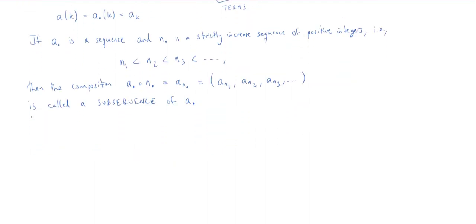Okay, fine. Now there's a very particular type of subsequence that we're going to want to talk about quite a bit. So let's say I choose some index, call it M. Then I look at the subsequence which corresponds not to just some random strictly increasing sequence, but to the one that starts at M and uses M and M plus 1 and M plus 2 and M plus 3 and so forth.